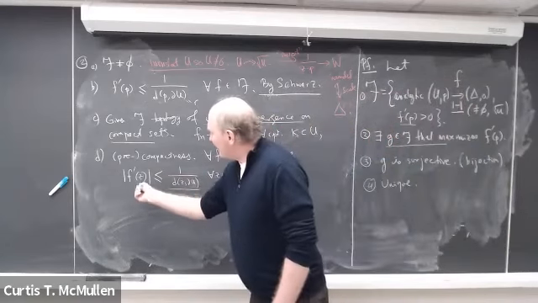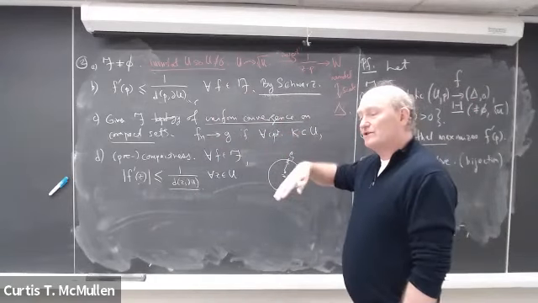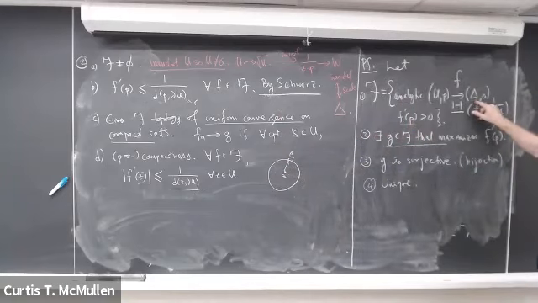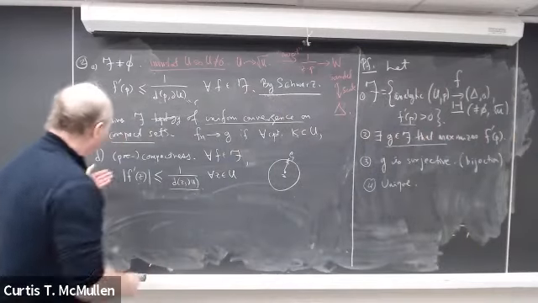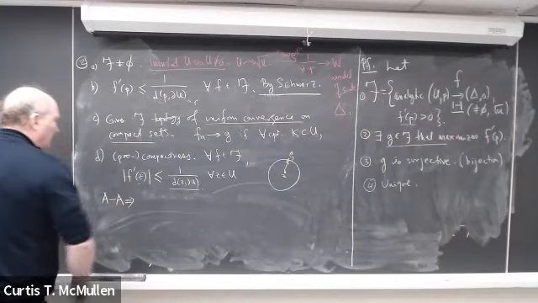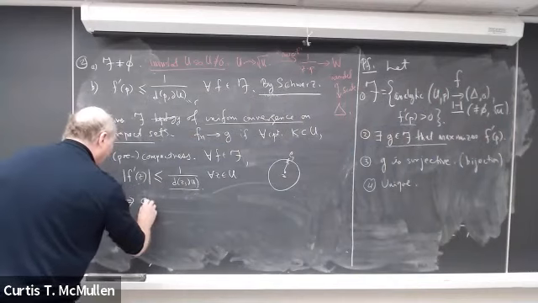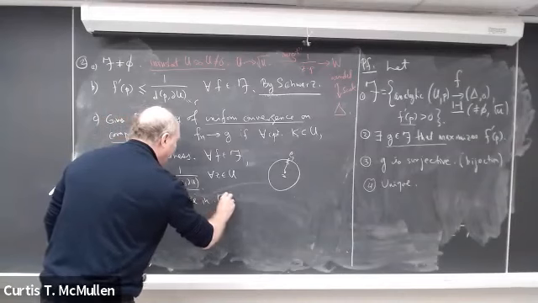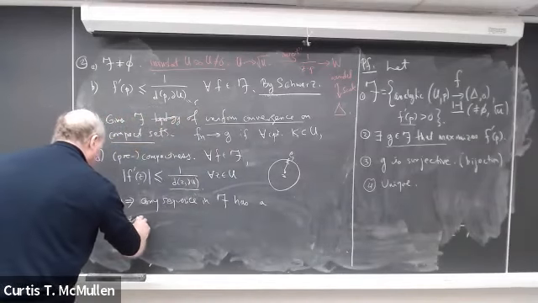So on that compact set, the derivative of F is bounded above, so its oscillations are controlled. On the other hand, the function itself is also bounded because it takes values in the unit disk. And so by applying the Arzela-Ascoli theorem, we find that any sequence in F has a convergent subsequence.